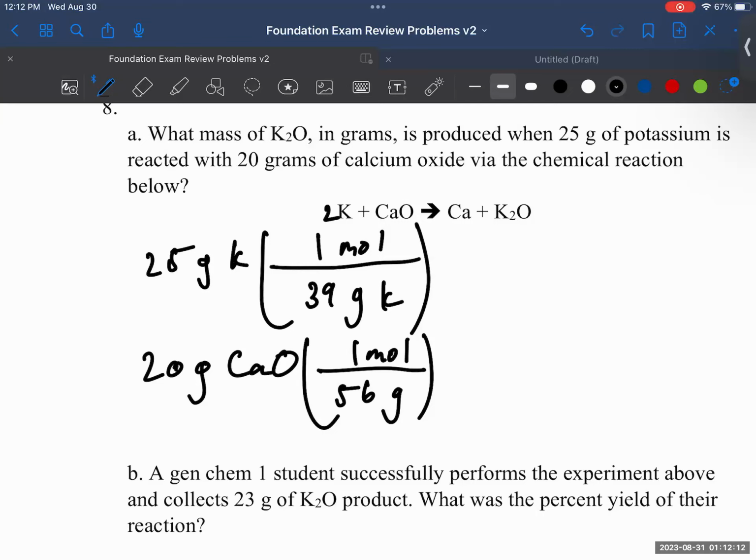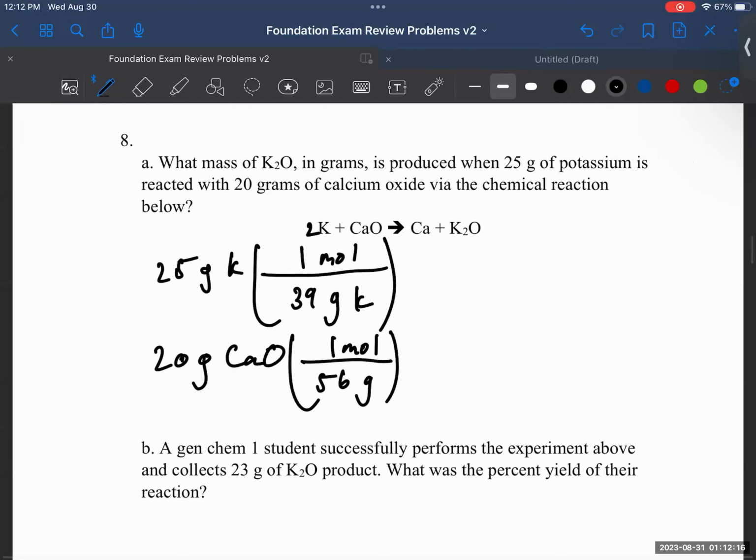So basically what you do is figure out your mole to mole ratio and convert it into the moles of the product that you want. Because, right, if you were to compare the moles of potassium and the moles of calcium oxide, it would be like comparing apples and oranges. Like you can't really do that. So first I try to get them down into the same thing, the moles of the product that I want. Then I can see, okay, this one's lesser than that one.